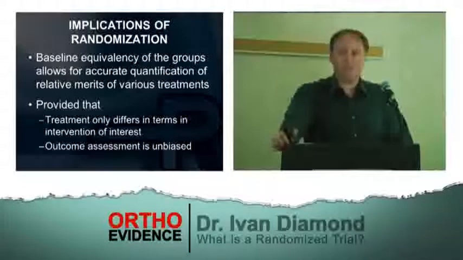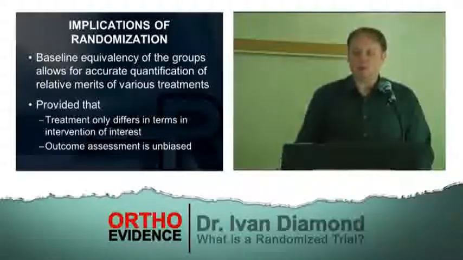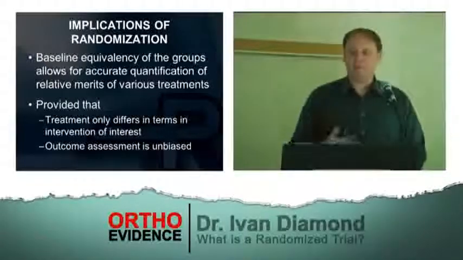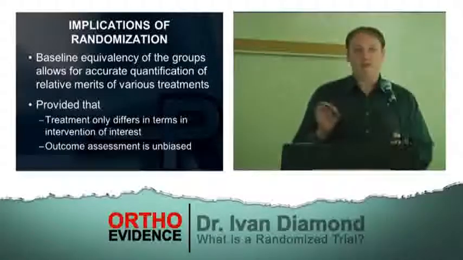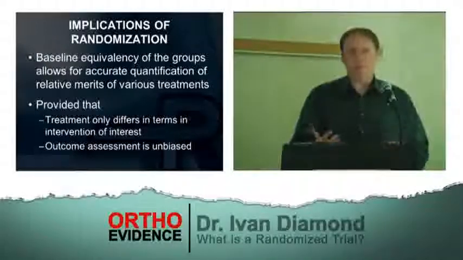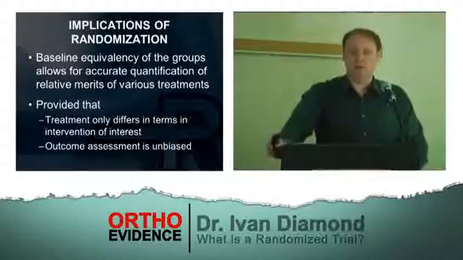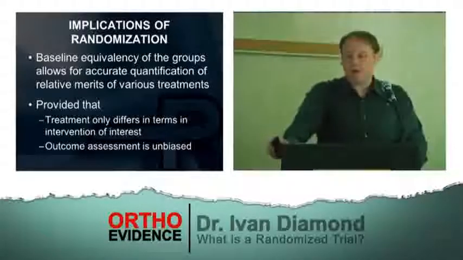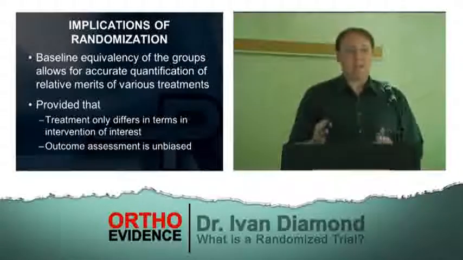That baseline equivalency of the groups allows for very accurate quantification of the relative merits of the various treatments, provided that the intervention is standardized, and the remainder of care is standardized so that the treatment only differs in terms of the intervention of interest, and that the outcomes are assessed in an unbiased manner, exactly the same for both groups.